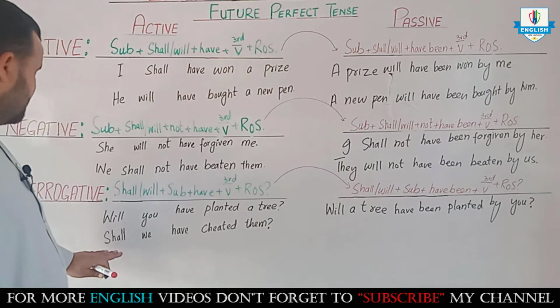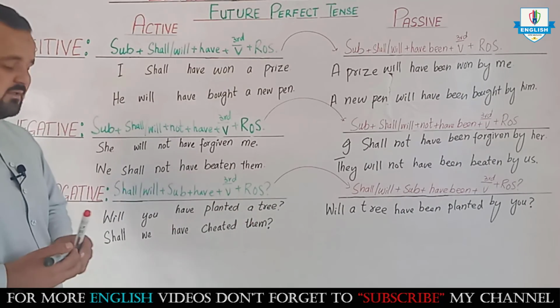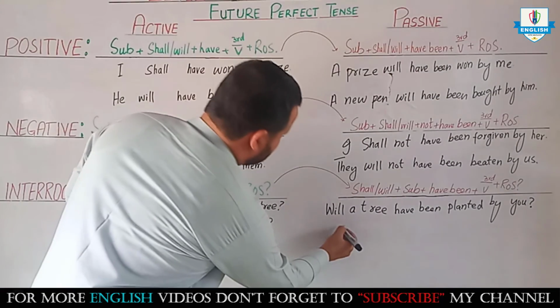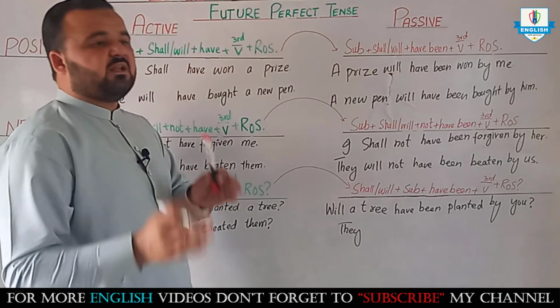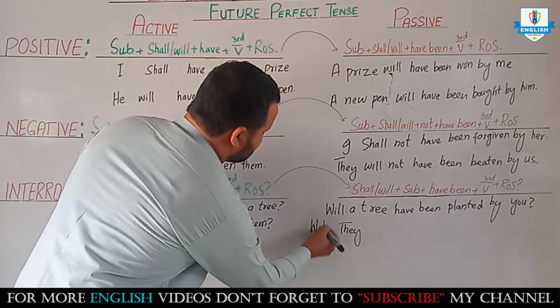Second sentence: shall we have cheated them? The subjective case of them is they. With they we are using will, so will be used in the start of the sentence.